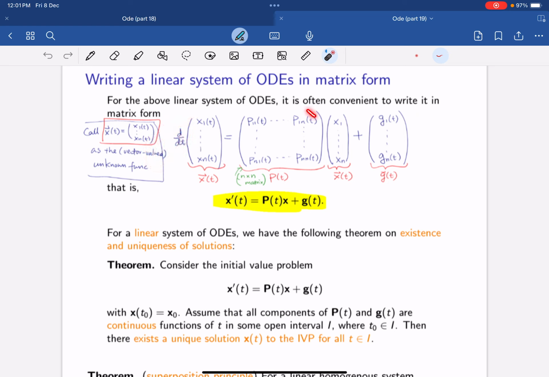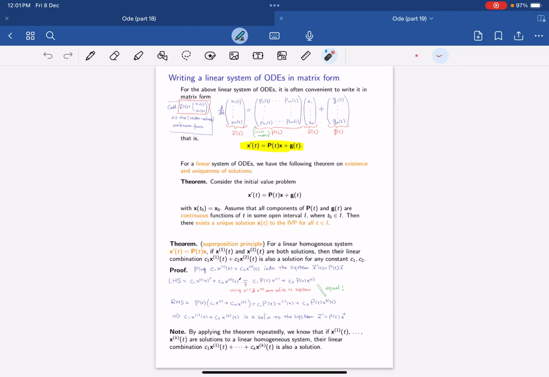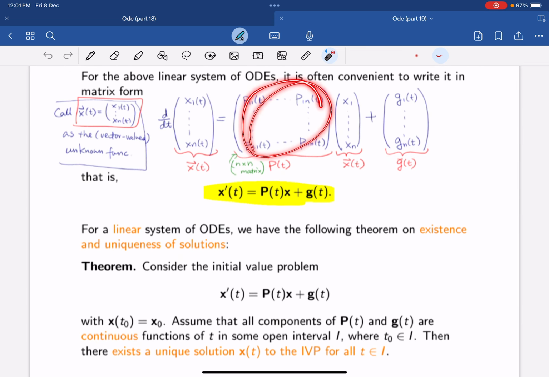Our coefficients from the system of equations form this n by n matrix, the coefficient matrix.